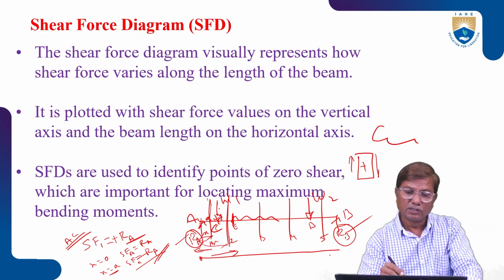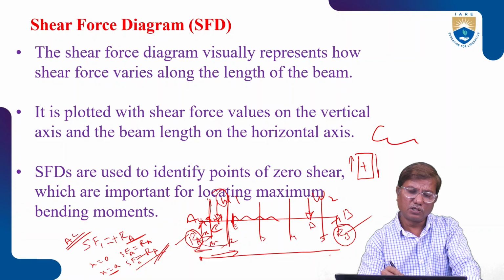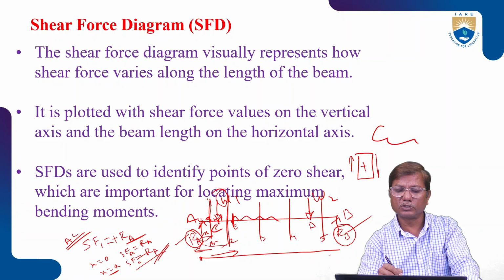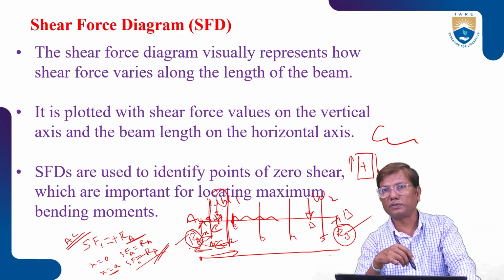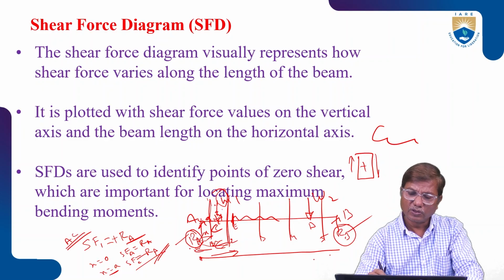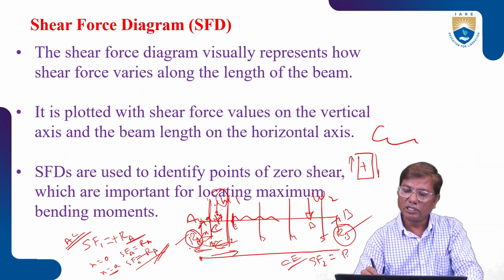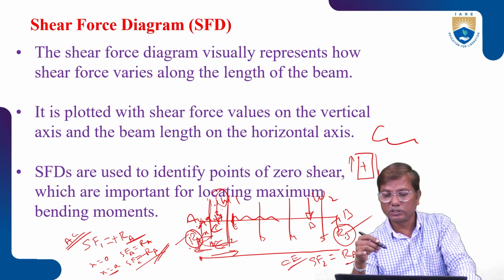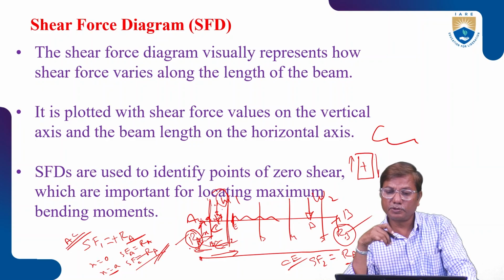In that case, you will have the load W1 also included, because we are considering the left side. What are the loads to the left of the section? RA and W1. So shear force at section 2 in portion CE is RA minus W1, because left side upwards is positive, RA is positive and W1 is negative, as per the sign convention.